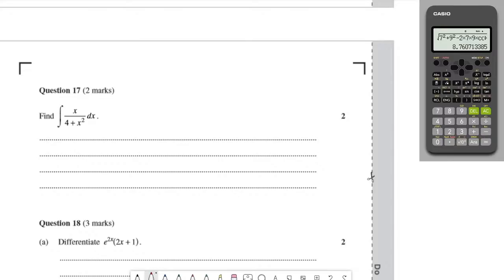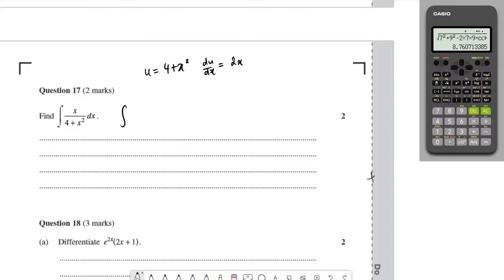So what we need to do in this case is get this to be the derivative of the thing on the bottom. So if my function on the bottom is 4 plus x squared, then my derivative is equal to 2x. Now the issue with the function that I've been given to integrate is that I don't have 2x on the top. I've actually got x over 4 plus x squared.